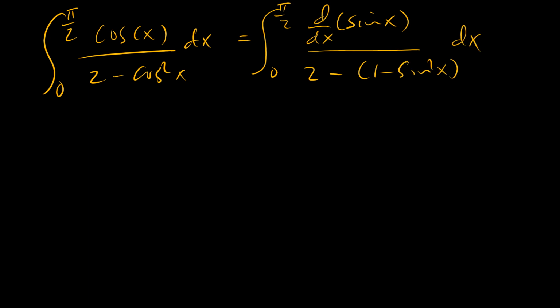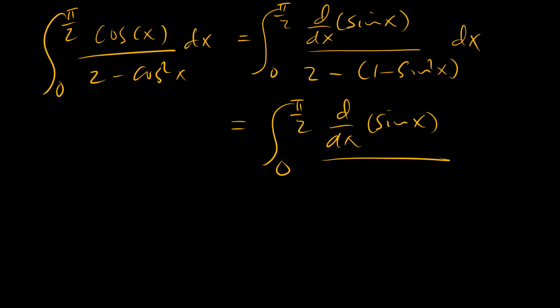Okay, so this becomes, from 0 to pi over 2, derivative of sine x over 1 plus sine squared x.